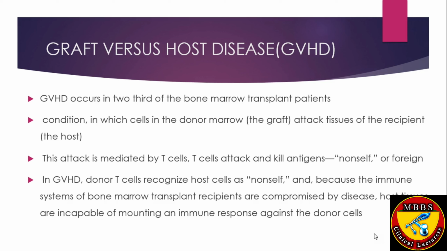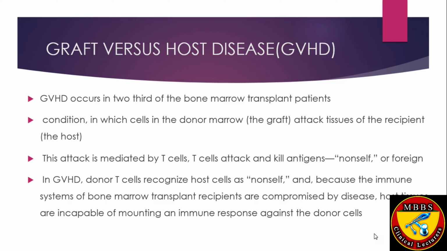In this disease, the donor T cells recognize the host cells as non-self, and because the immune system of bone marrow transplant recipients is compromised by the disease, host tissues are not able to mount an immune response against the donor cells. So eventually the graft which is taken up by the body starts destroying the recipient cells, and the donor T cells in the graft start proliferating and attack the recipient tissues.